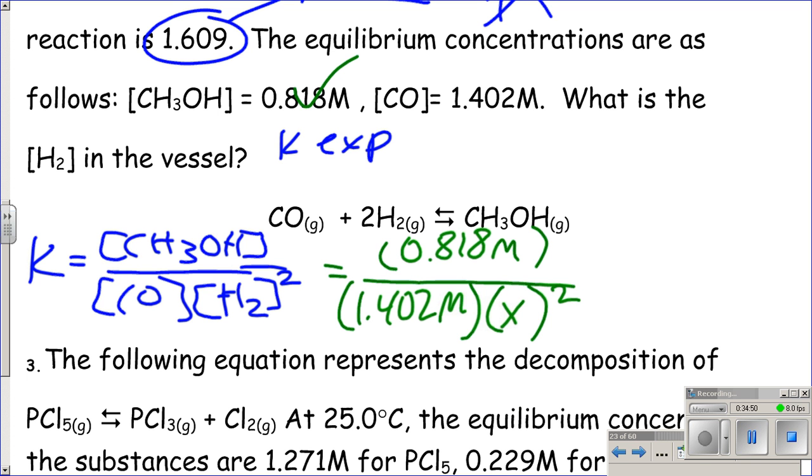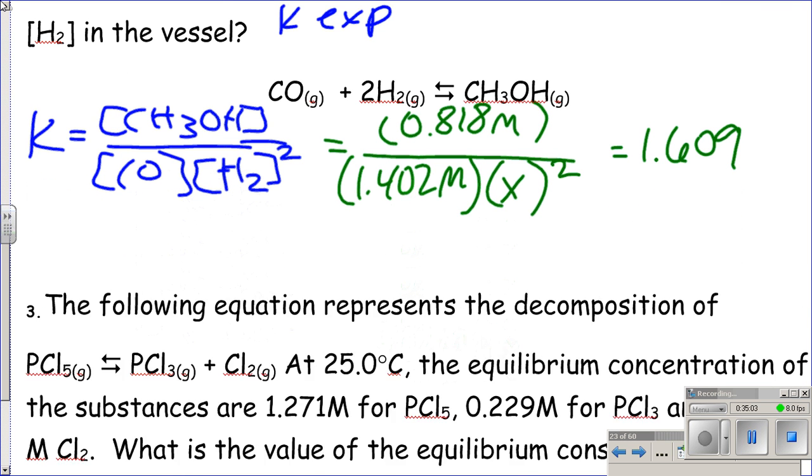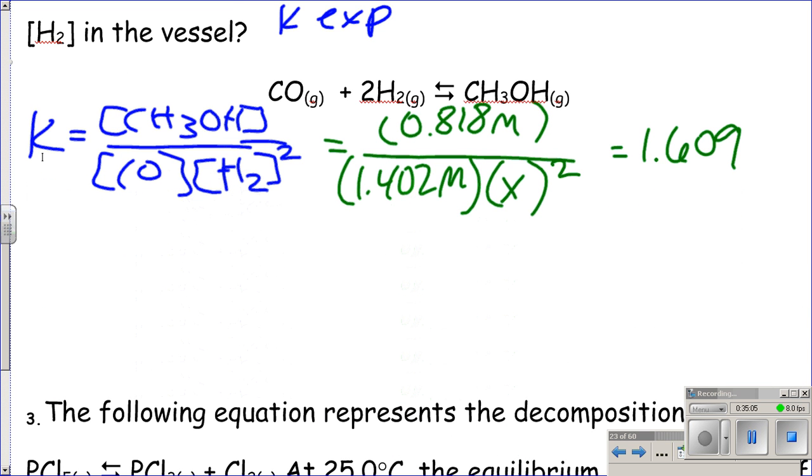So now this whole thing equals what? Tell me how you are mathematically going to solve that. Do not use the solver on your calculator. I take the 1.402 on the other side and multiply it. So 0.818 over x squared is equal to that times that, which is like 2.2558.